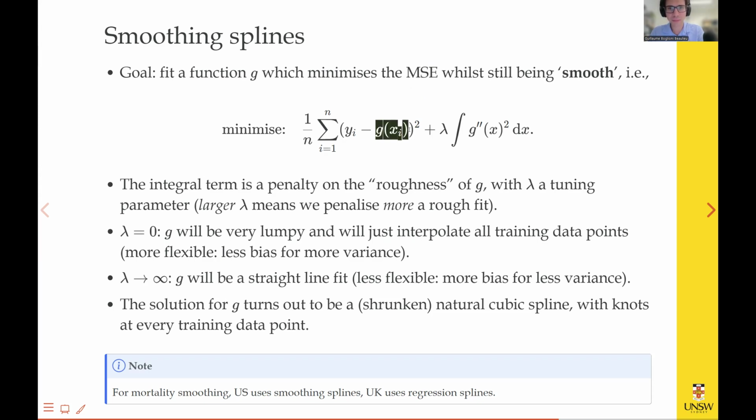to g of x. But in addition, we want the function g to be smooth, and this is why in the minimization problem, we not only minimize the mean squared error, but we minimize it with the so-called penalty, this term here. Because imagine this term wasn't there, and here g doesn't need to be linear, of course.